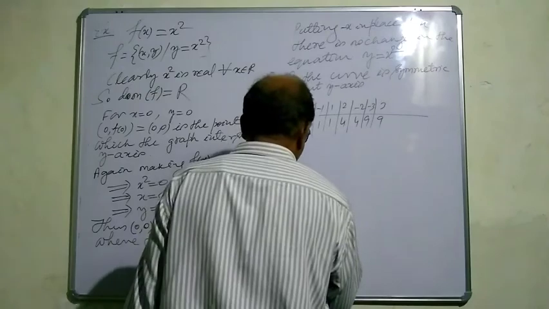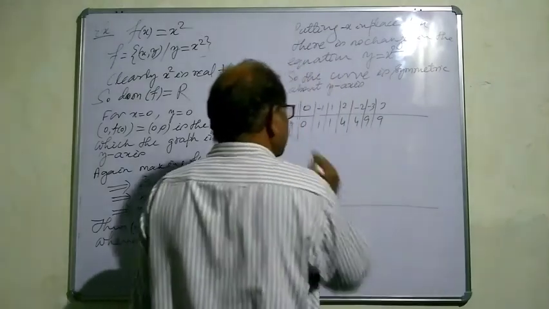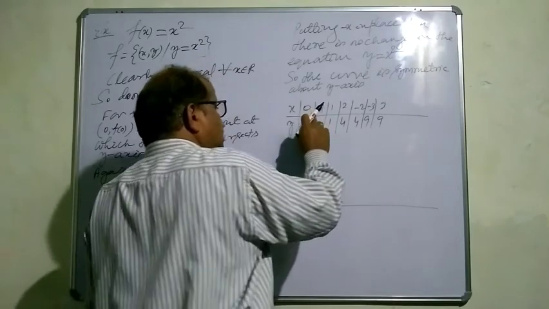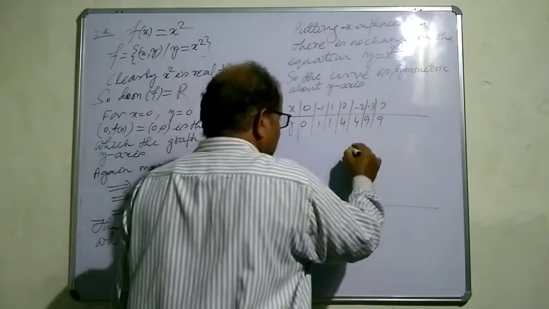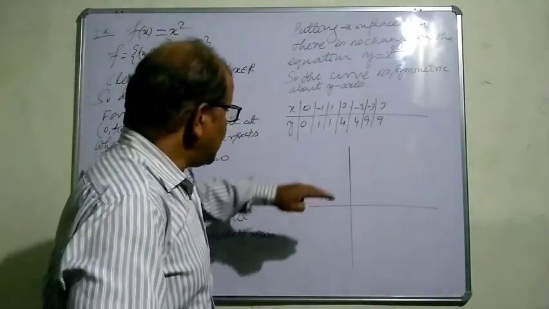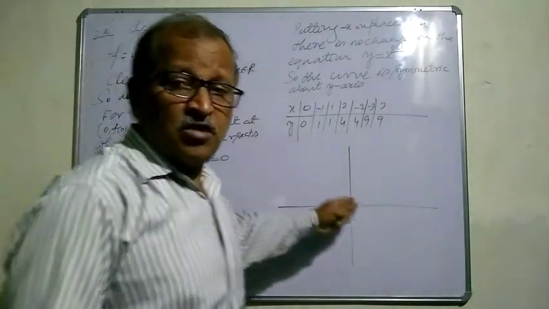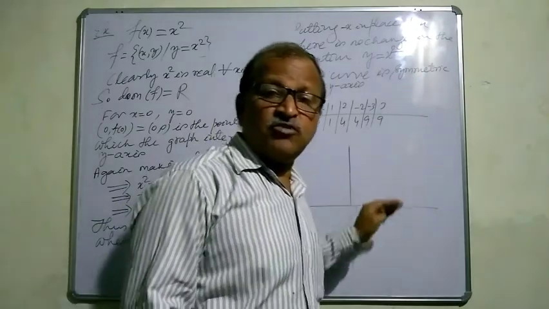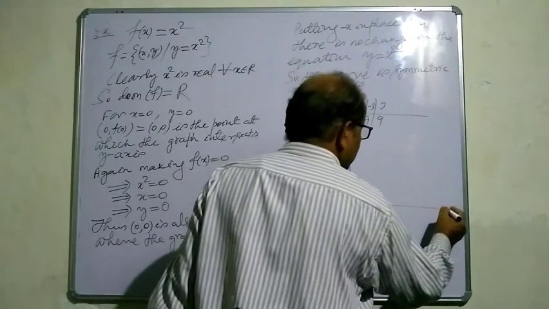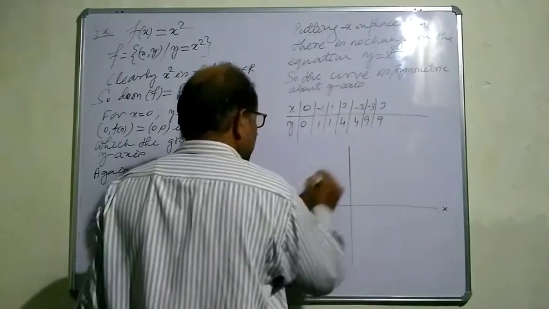So let us plot. That means while we are moving from the y-axis to the left, the value of y increases, also the value of y increases while we are moving to the right from the y-axis. Suppose this is our x-axis, this is the y-axis.